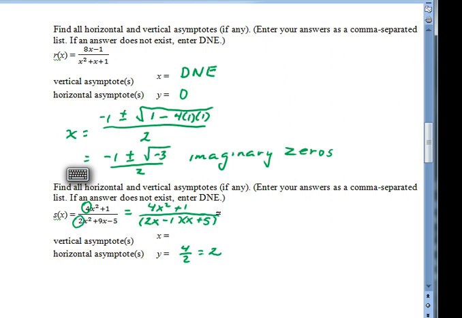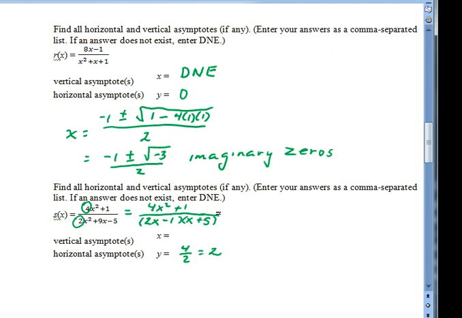So the factors are 2x minus 1 and x plus 5 for the denominator. We're going to get 2x squared plus 10x minus 1x, which gives us 9x minus 5.